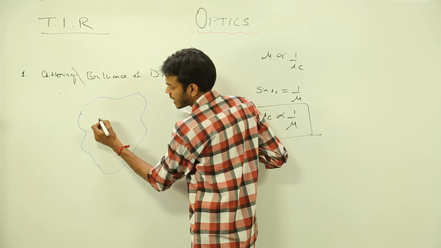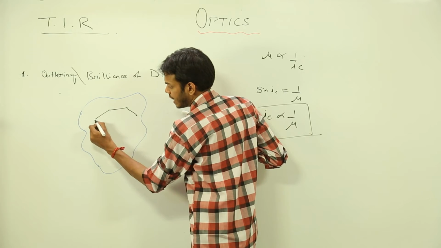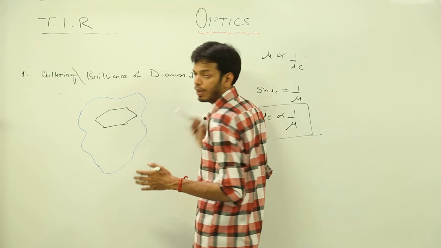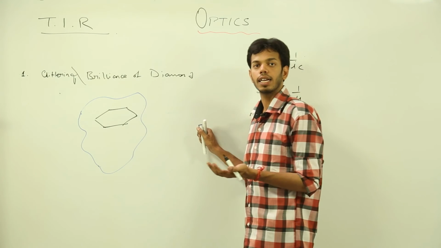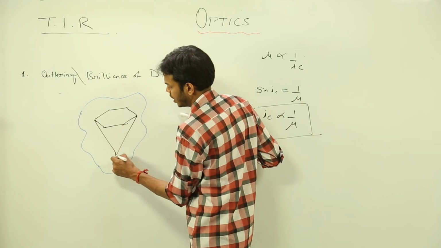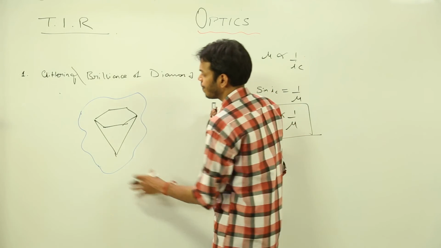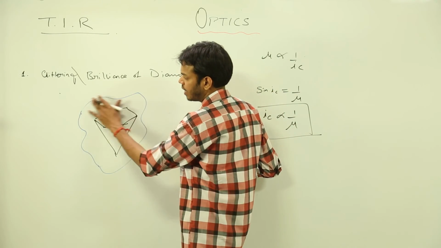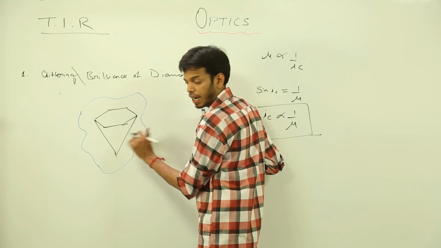So this diamond is cut in such a way that people calculate all the angles associated with the cutting of diamond and they make such a shape. This is just an example. Okay, so they have removed this much part and you are left with this much part.